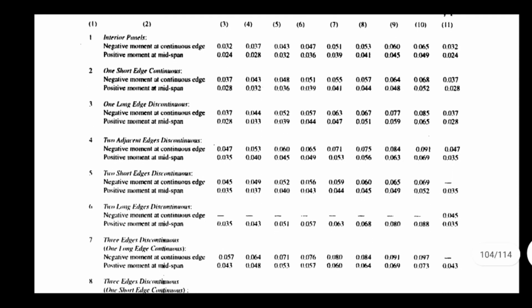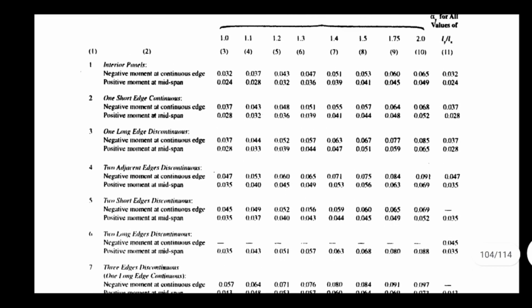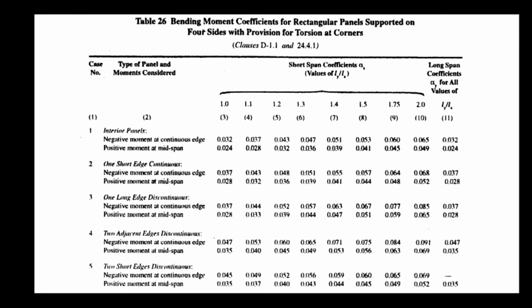There are total 9 types of support system. In the next column, short span coefficient, that is alpha x. There are few values of Ly by Lx. Depending upon the ratio of Ly by Lx, the value of alpha x will change. And in the last column from the left, that is long span moment coefficient, that is alpha y, for all values.